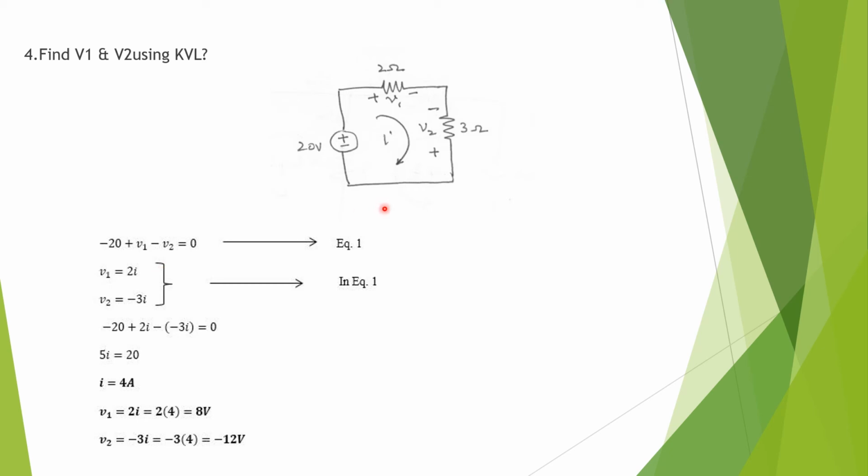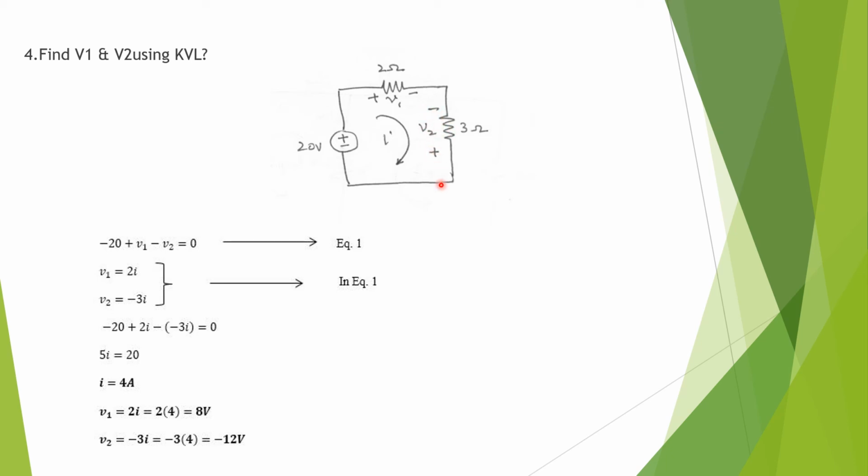So we can write based on Kirchhoff's voltage law. If I am considering the direction of current in the clockwise direction, then minus 20 plus V1, because V1 is going from plus to minus, so plus V1, minus V2 because it goes from minus to plus region.